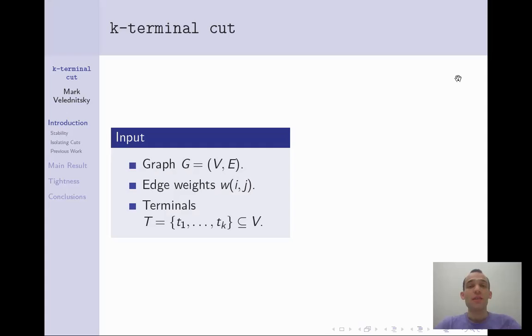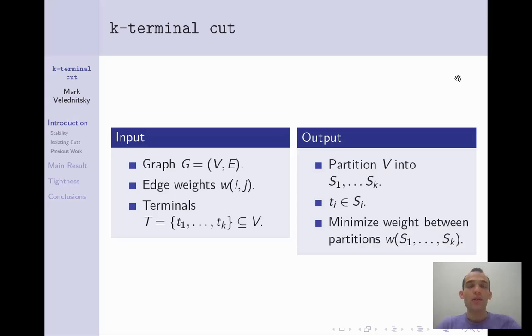So first things first, we need to define the problem itself. In the k-terminal cut problem, we're given as input a weighted, undirected graph G, and we're given a set of k distinguished vertices, which we call the terminals. And what we'd like to do is partition the graph into what we call source sets, such that each source set contains exactly one terminal, and the total weight of edges that go between source sets is minimized.